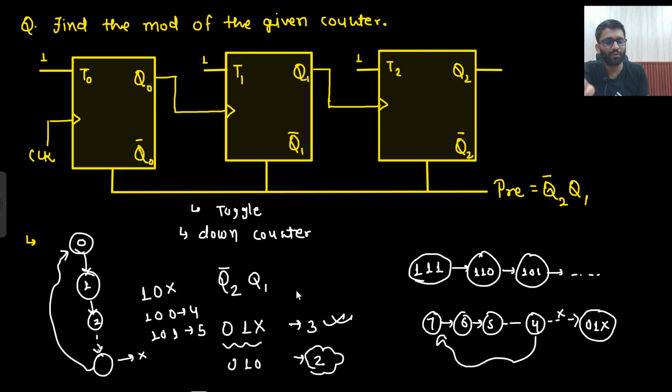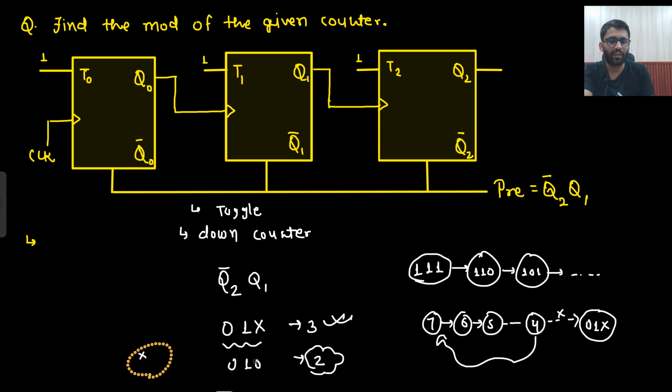And at don't care I can apply 0 as well as 1. So if I apply 0, that means certainly 4 will not be there in my loop. So I will be excluding 4. And if 4 is not there, then certainly 5 will also not be there, because you are designing an up counter. This is the case of up counter that we are going to see in the next lecture. Okay.